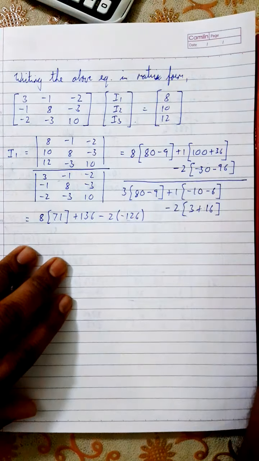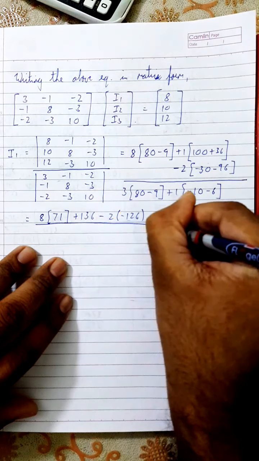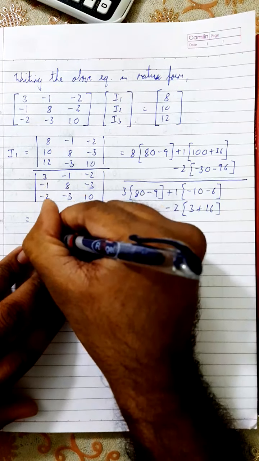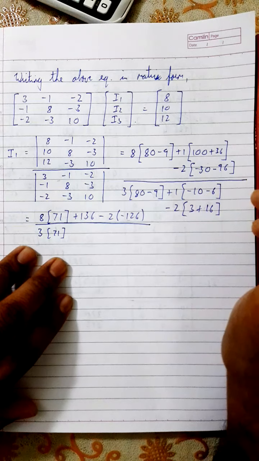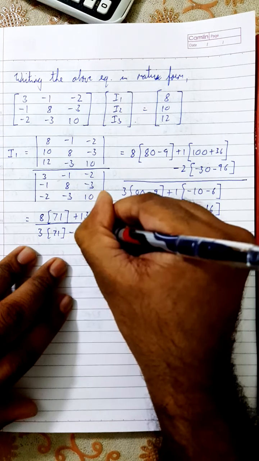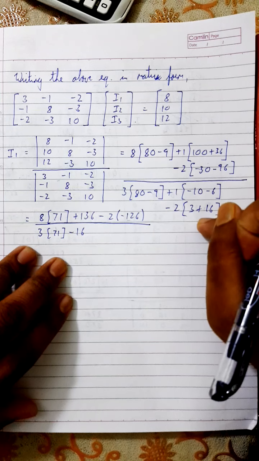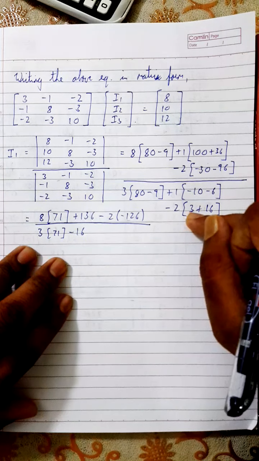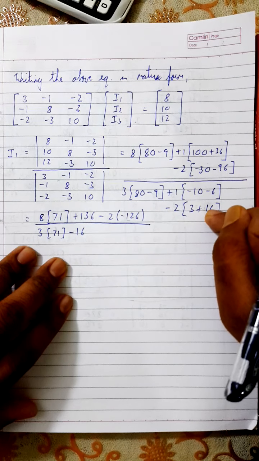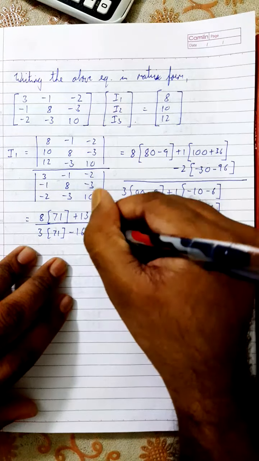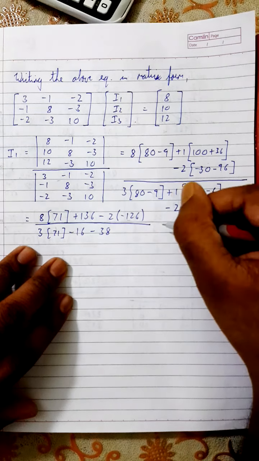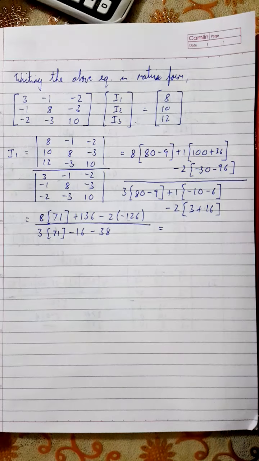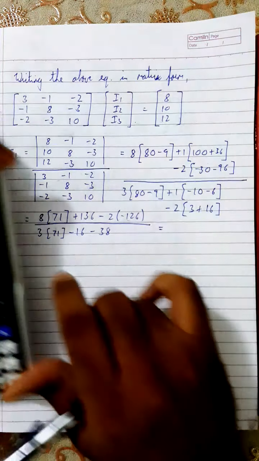Okay, that's the numerator, and the denominator is again 3 into 71 minus 16, and this is 19 into minus 2, which is minus 38. So you have minus 38.